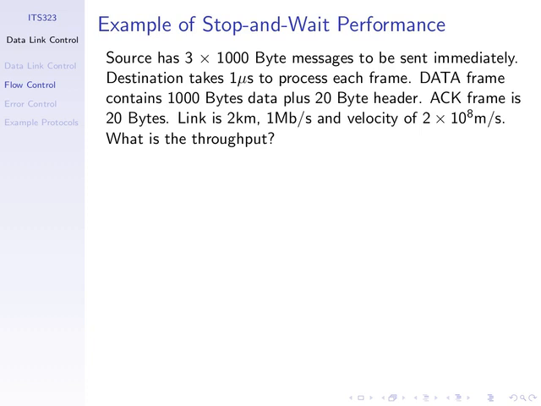So the time to transmit the ACK back takes 160 microseconds. We receive the data at 8170, 1 microsecond to process, start transmitting the ACK, and therefore we'll finish transmitting the ACK 160 microseconds later. 8171 plus 160.